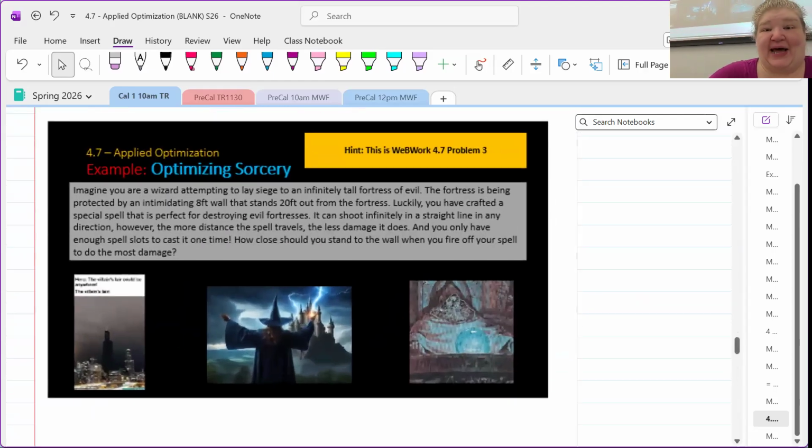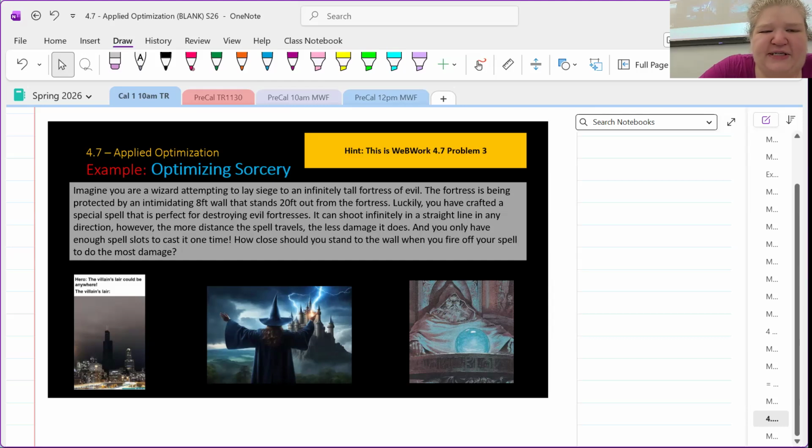All right, they had a lot of fun rewriting the description of this particular problem. Imagine you are a wizard attempting to lay siege to an infinitely tall fortress of evil. The fortress is being protected by an intimidating 8-foot wall that stands 20 feet out from the fortress.